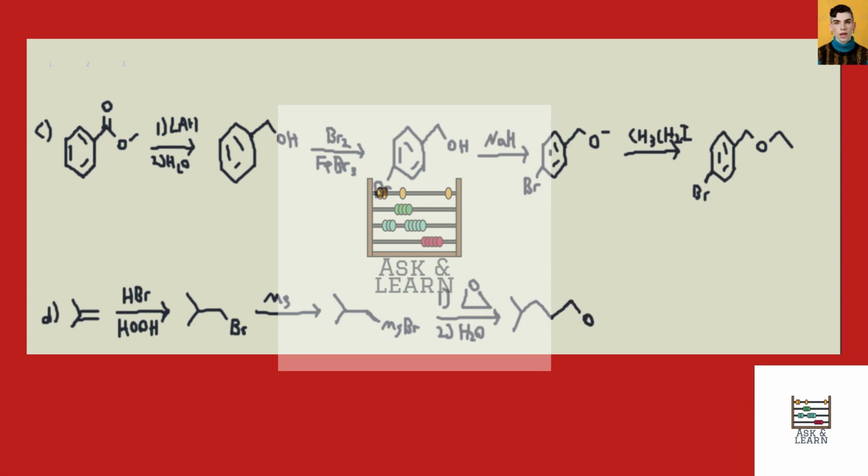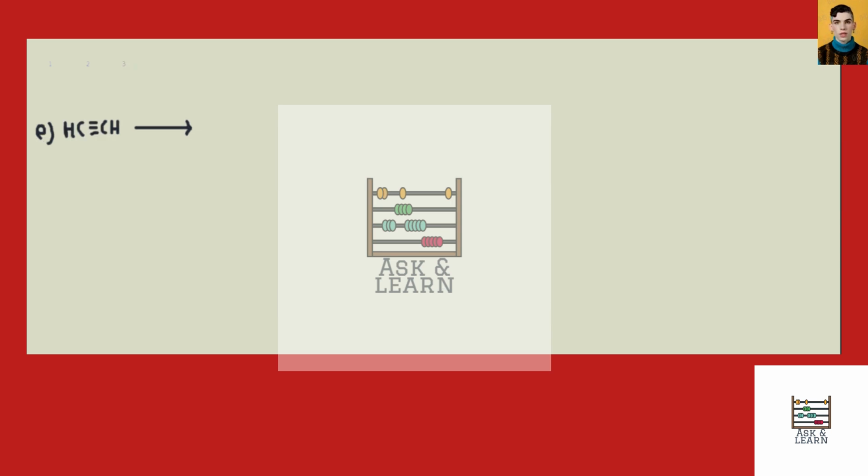And then lastly, for this problem, for E, what does E say? For E, we have to go from acetylene to this much larger molecule, and we're told we can only use compounds having less than or equal to 2 carbons. Okay, so we need to start by building this carbon chain.